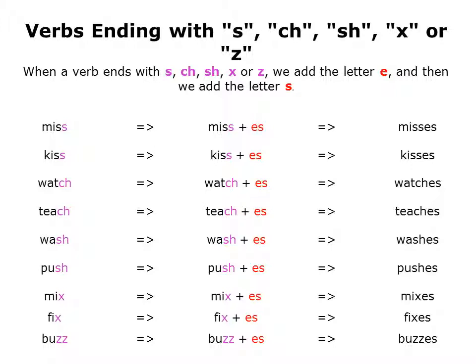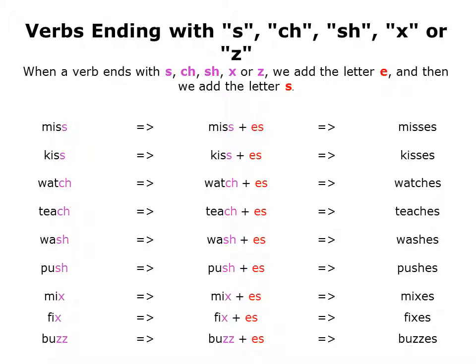Verbs ending with s, ch, sh, x, or z. This is the case. When a verb ends with s, ch, sh, x, or z, we add the letter e, and then we add the letter s. So we're gonna add both e and s when any verb ends in s, ch, sh, x, or z.